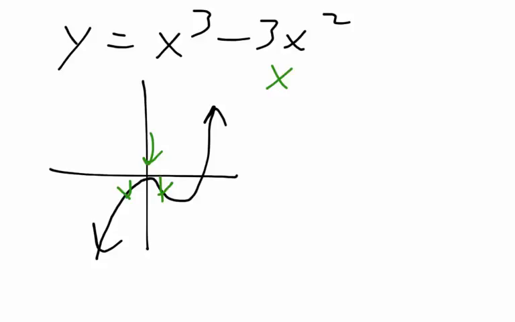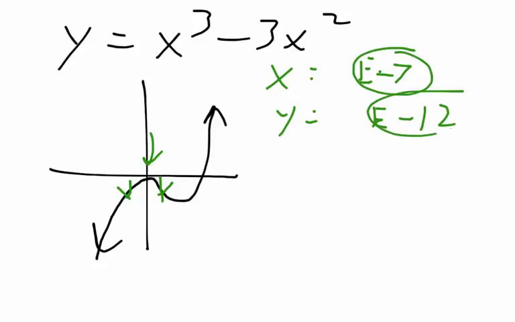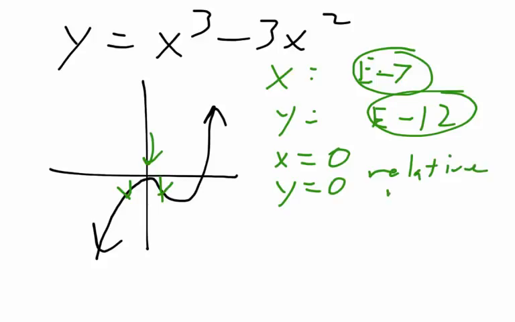And my x value had an e-7 at the end, and my y value had an e-12 at the end. And anytime we see e negatives, that means the numbers are so low that really we have x equals 0 and y equals 0. So that's going to be a relative maximum.